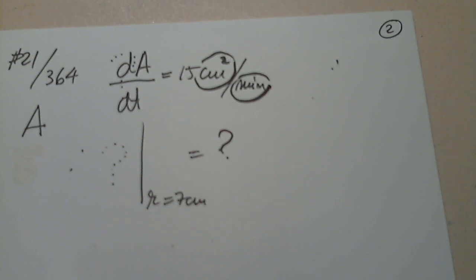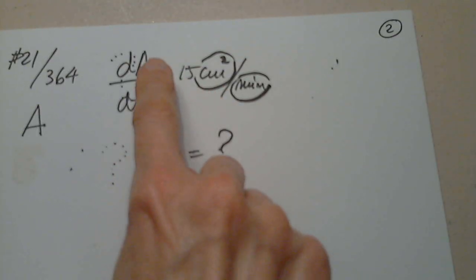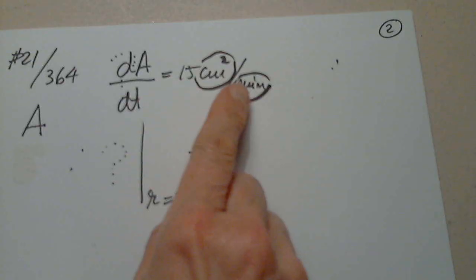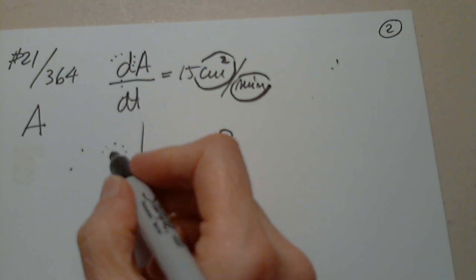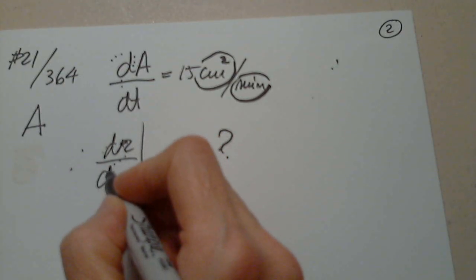How do I write the rate of change of radius? I have the rate of change of area with respect to time, but I want to find the rate of change of radius, of course with respect to time. dr over dt. Of course, that's exactly what I am asked to find.